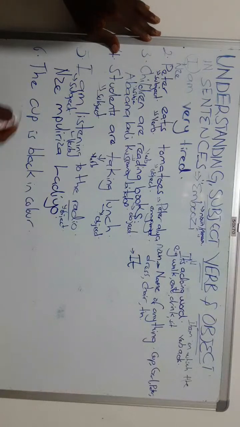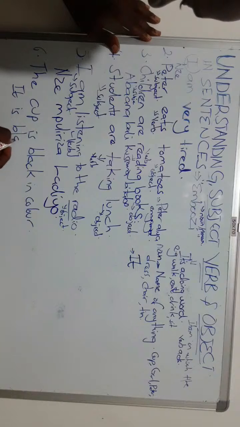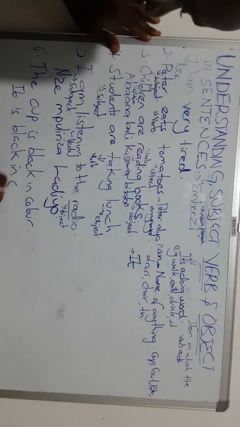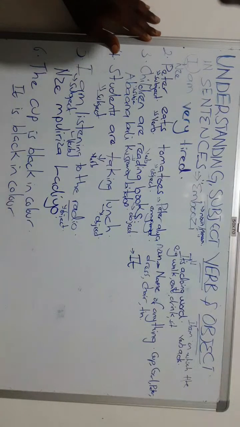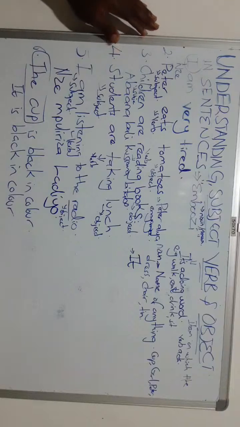So instead of using the cup, you can use it is black in color. So it is its pronoun. It has replaced the cup. So that is what we call pronoun.